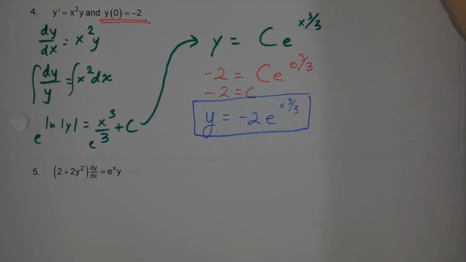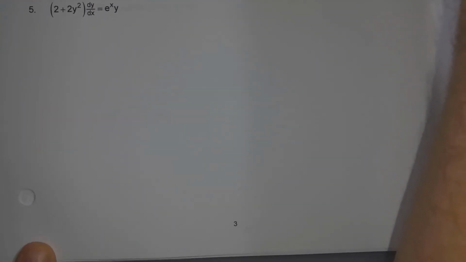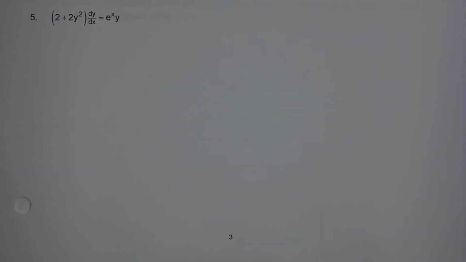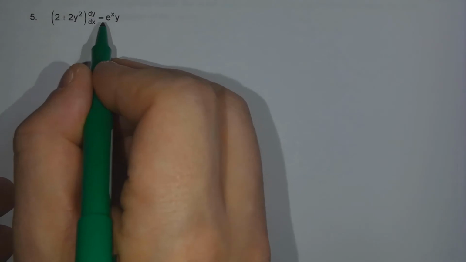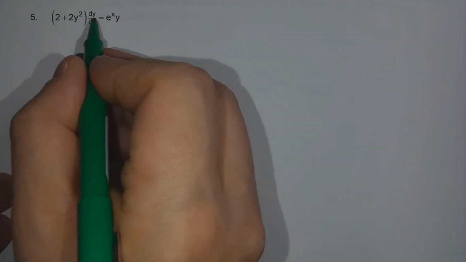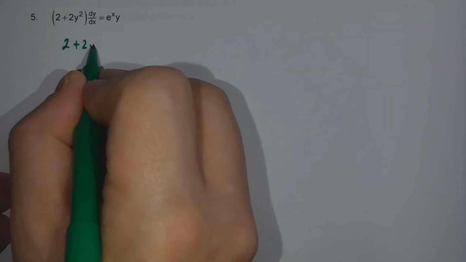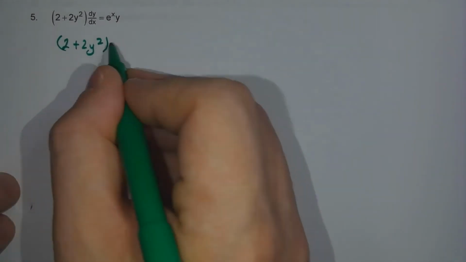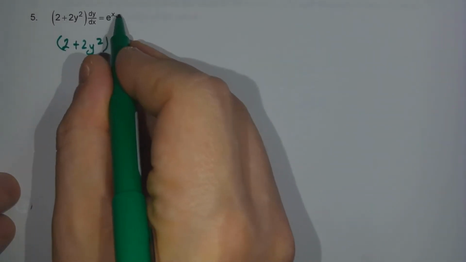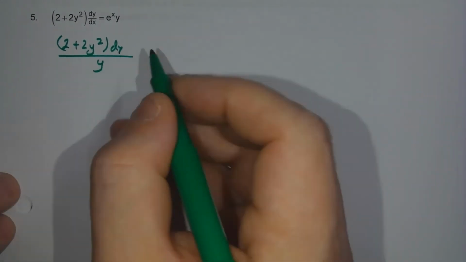So now on to problem number 5. On problem number 5, we see 2 plus 2y squared dy dx equals e to the x multiplied by y. Okay, lots of variables to isolate here. So we'd have 2 plus 2y squared, we'd have a dy, and then that y would be divided over.